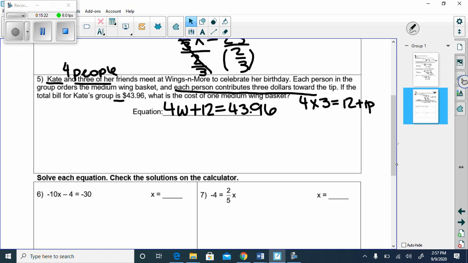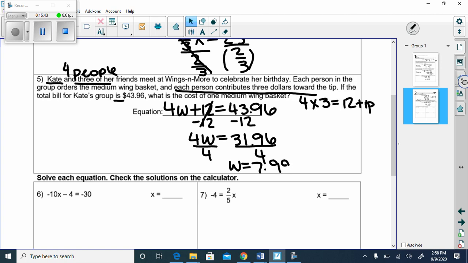Good. And when I subtract 12, I am left with, awesome. And then all I have to do is, awesome. And we get, awesome. So apparently each one of these baskets costs $7.99.